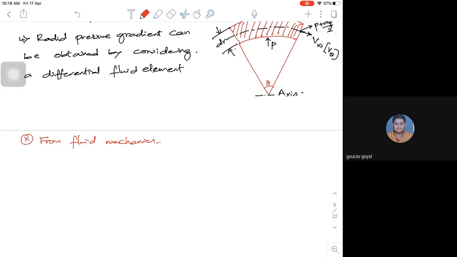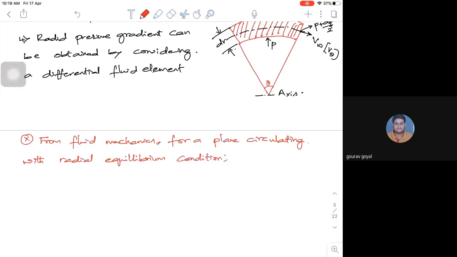If you have studied some fluid dynamics, for a plane circulating flow, that is some kind of a fluid element which is acting like a plane and which is rotating with a radial equilibrium condition. You can refer to any of the fluid mechanics books for the derivation for this radial equilibrium condition.